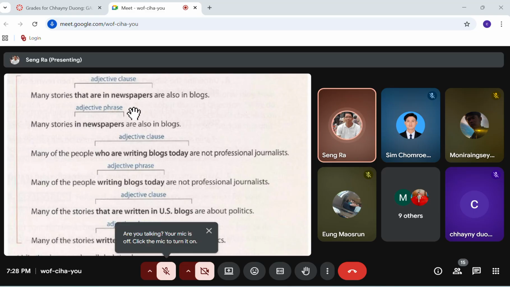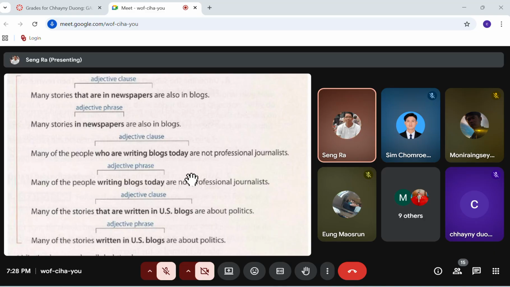But if you want to take risks, you can try an adjective phrase, if you think it is new. But they're all modifiers, remember. Whether they are adjective clauses or adjective phrases, they modify the nouns close to them. They don't really modify blogs, but they modify stories.